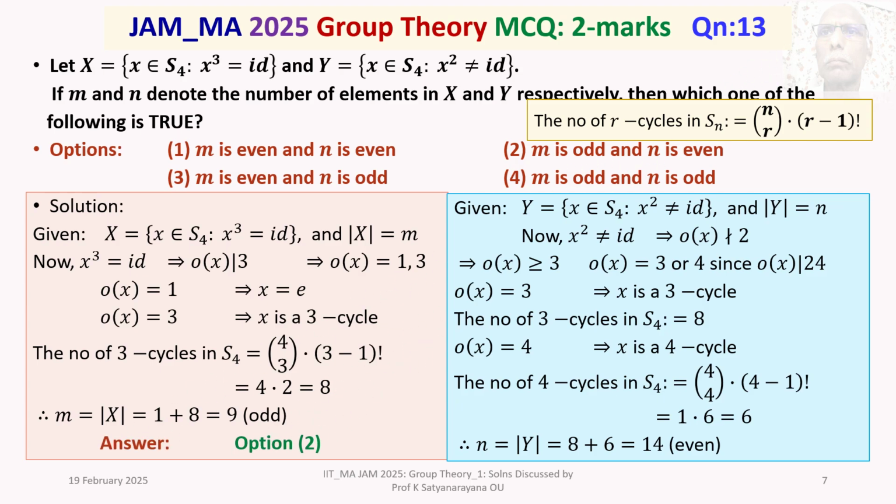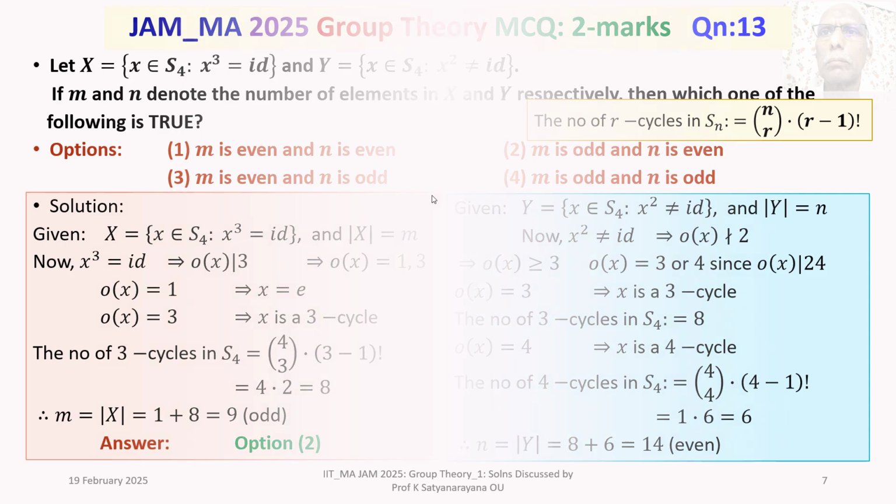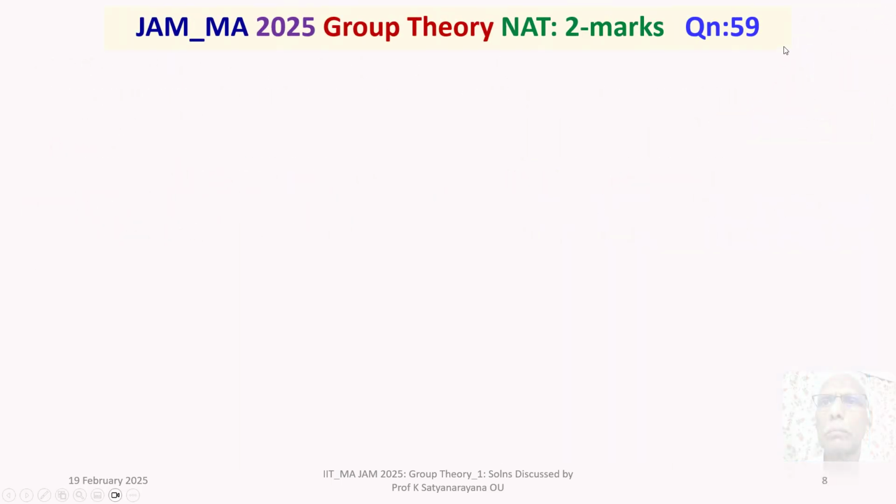The next question is the last question in this video. This is question number 59 for 2 marks. It is NAT, numerical answer type. That means you will get a numerical answer that you have to keep.